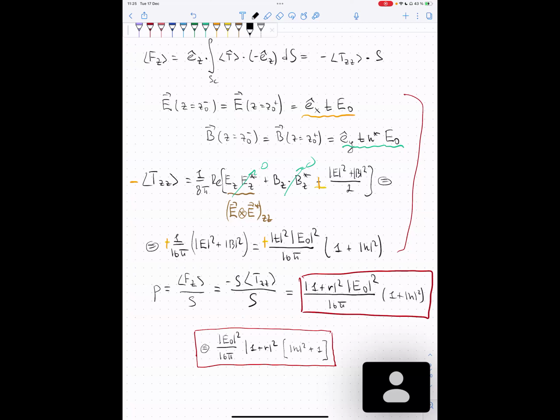Just a couple of ways to use optomechanics.